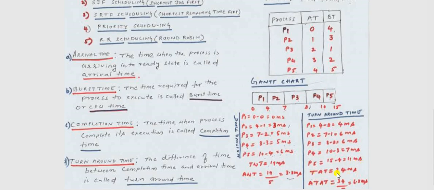Total turnaround time equals 34 milliseconds after adding the individual turnaround times of each process. Average turnaround time equals 34 divided by 5, which equals 6.8 milliseconds.